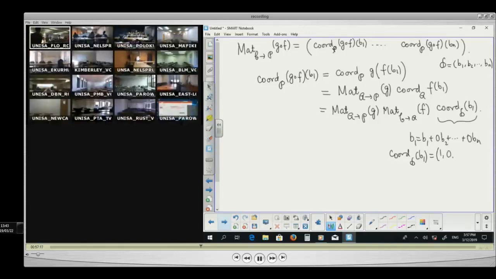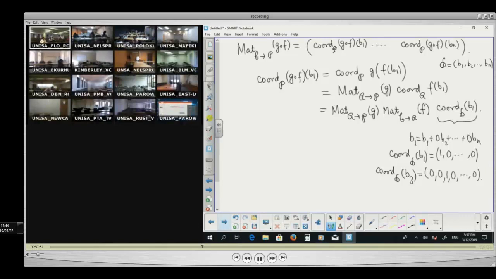So what are the coordinates of B3, say? 1 in the third coordinate and the rest are zeros. So you see now, how is this matrix looking?